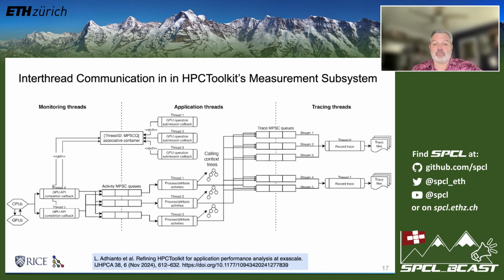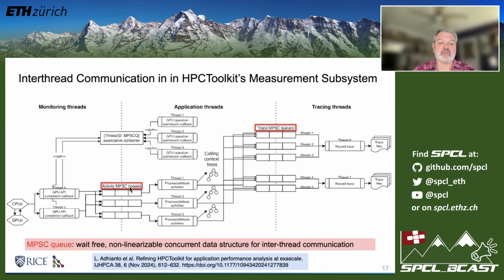Another thread handles PC sampling. Another thread handles hardware counters. What we have to do is route the information from the monitoring threads back to the application threads where we want to attribute it. So we want to say that thread 1 launched a kernel at a particular point and the kernel execution took so long, or thread 1 launched a kernel at a particular point and we had a whole bunch of PC samples inside that kernel.